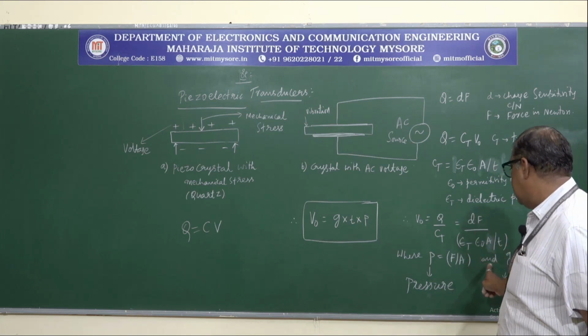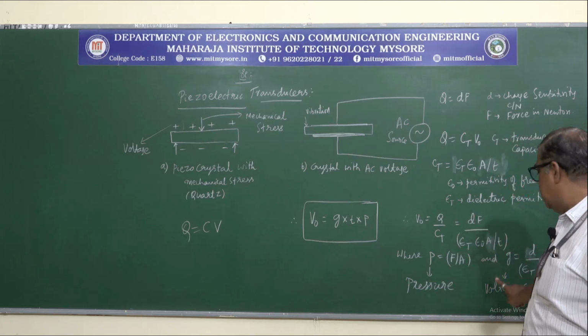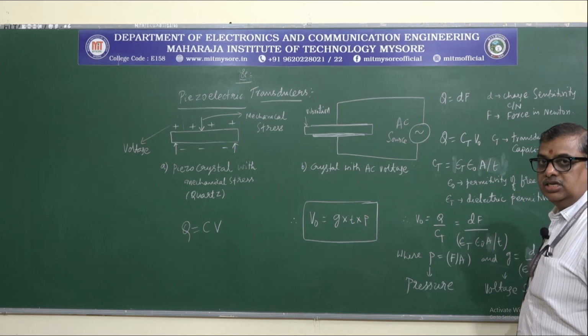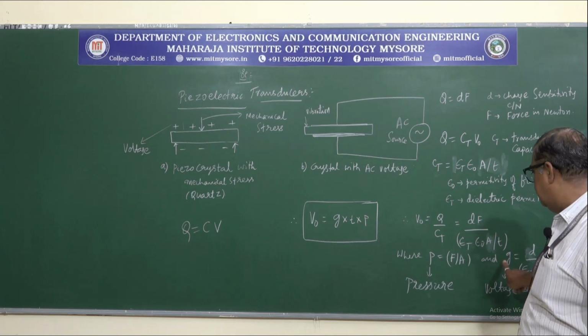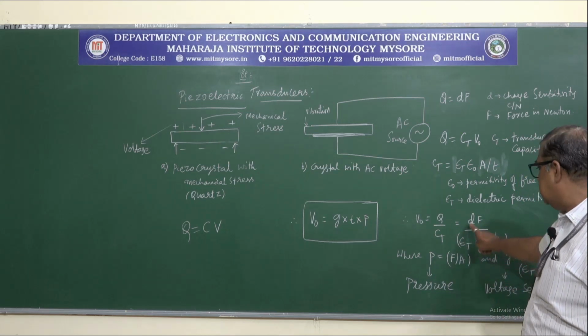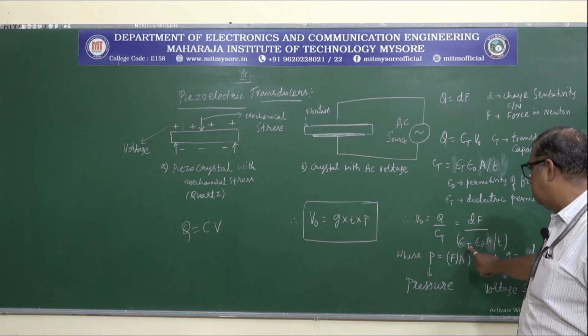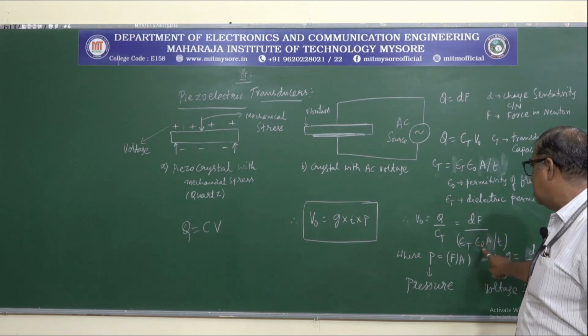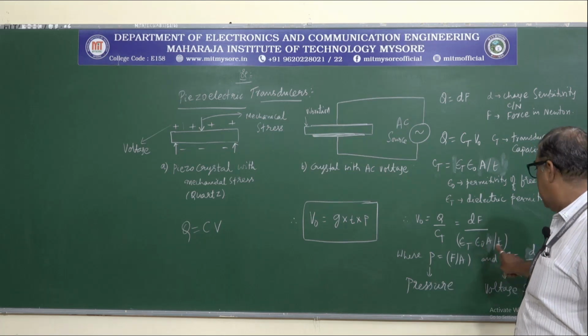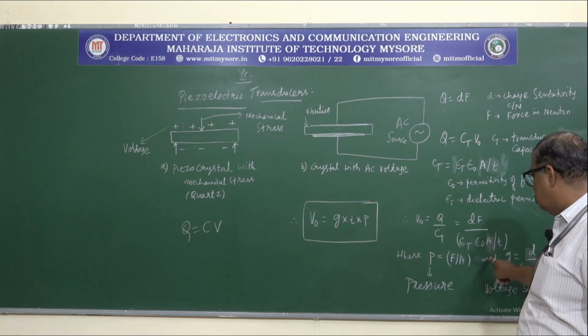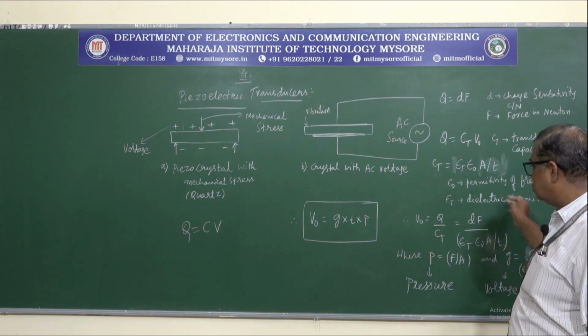Similarly, there is another factor called the voltage sensitivity, represented as g, that is given by g = d / (ε_T × ε_0). And since t is in the numerator, it goes up.